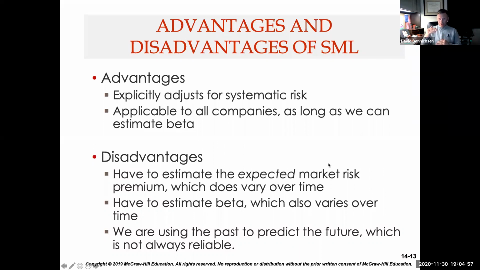So we're making the assumption that we're not going to have a convergence or divergence of the risk premium as it relates to the risk-free rate of return. That risk premium is going to stay constant for eternity. It's a big assumption.